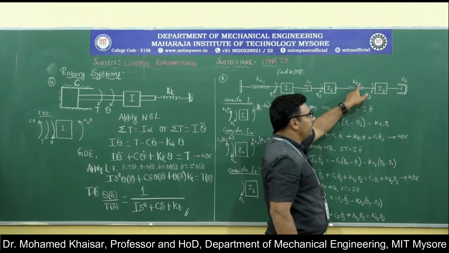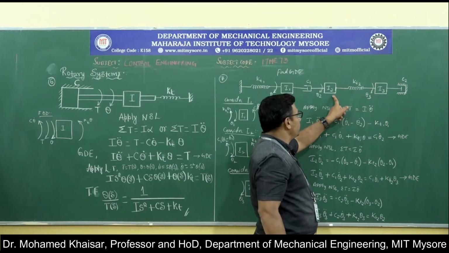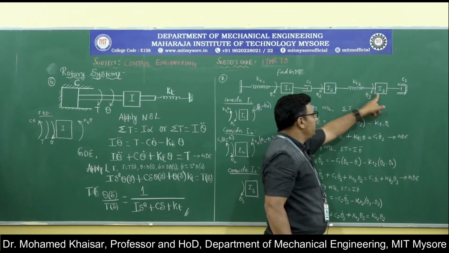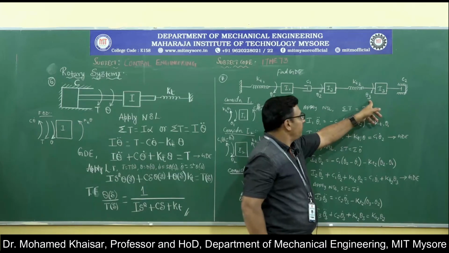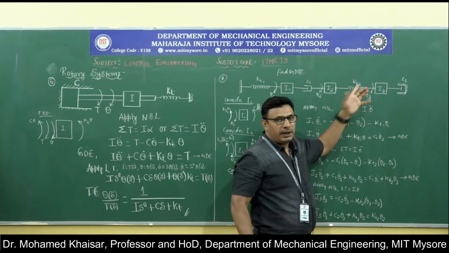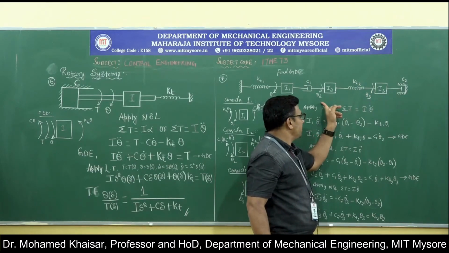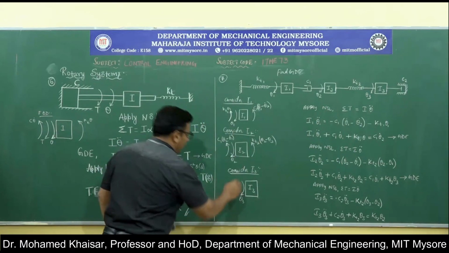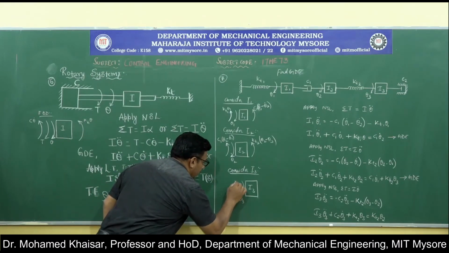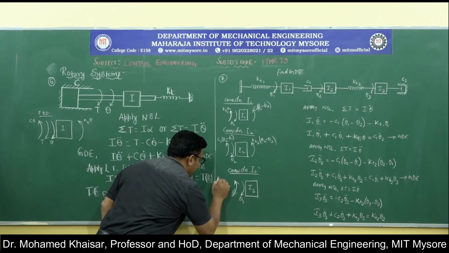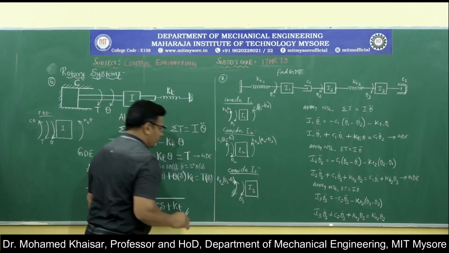We have a spring KT2 connected to both I3 as well as I2. So, when I3 tries to get rotated by an angle theta 3, this is resisted by the spring with an effective force of KT2 into theta 3 minus theta 2. So, on the left hand side, the spring is resisting, but in the direction opposite to the displacement. So, KT2 into theta 3 minus theta 2.